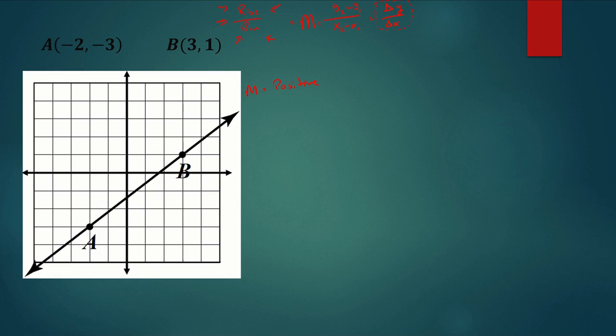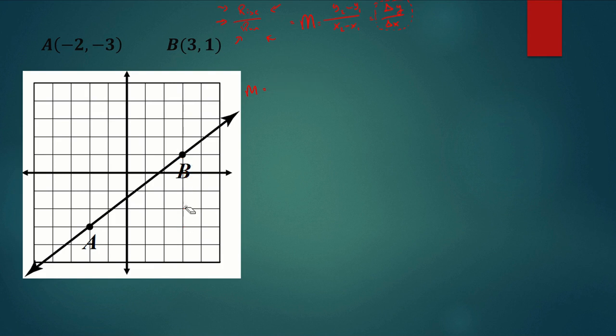Like, for example, if I count from B, 1, 2, 3, that's 4 units, right? And even if I were to put a negative, it doesn't really matter, because in the end, I know for a fact that after I simplify, my numbers should be positive, right? So it doesn't matter as long as you know what kind of slope you're going to have at the end.